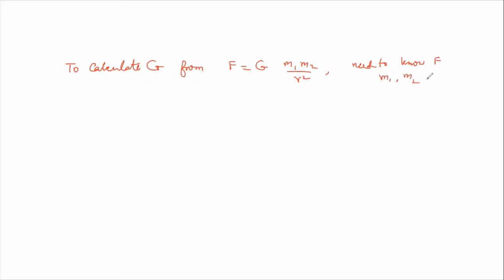So to calculate G from the equation F equal to G m1 m2 by r square, you need to know F, you need to know m1, m2 and r. Correct?